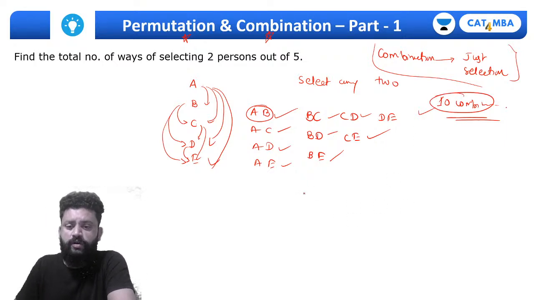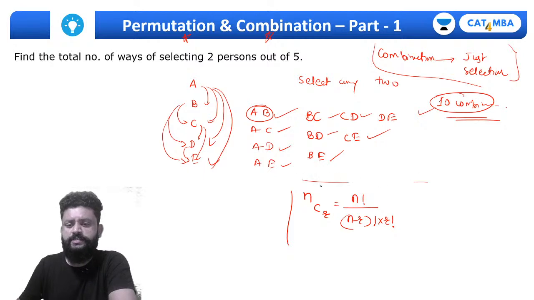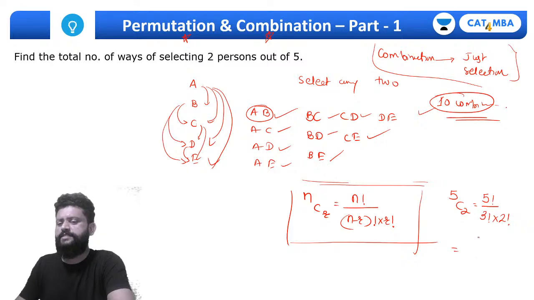Now we have one formula, that is nCr, and nCr is equal to n factorial upon (n minus r) factorial into r factorial. You have to remember this formula as it is. So if I want to calculate 5C2, what will it be? 5 factorial upon 3 factorial into 2 factorial. 3 factorial will anyway cancel, so simply what remains is 5 into 4 in the numerator, and in the denominator 2 into 1.